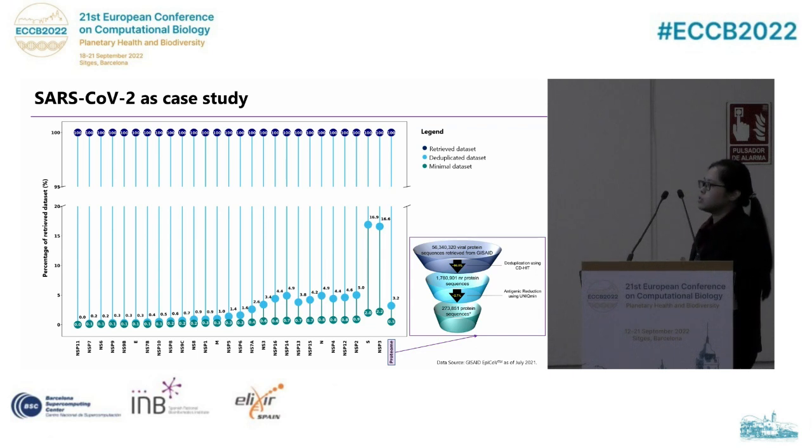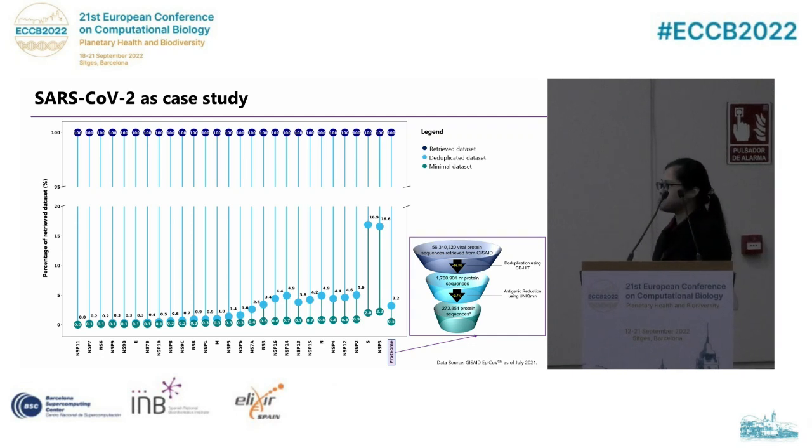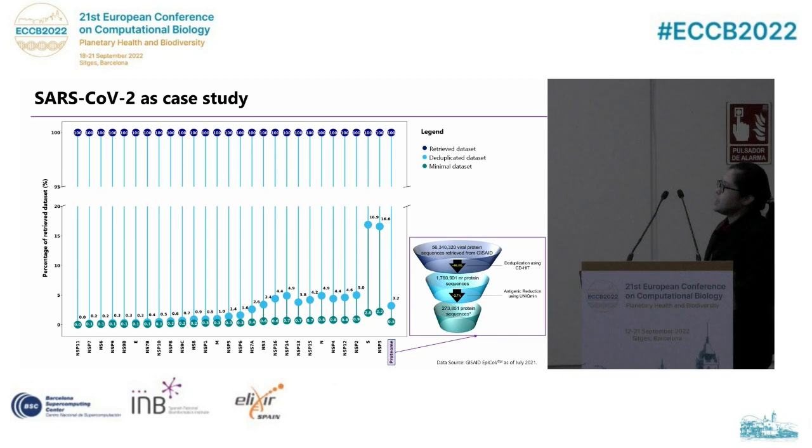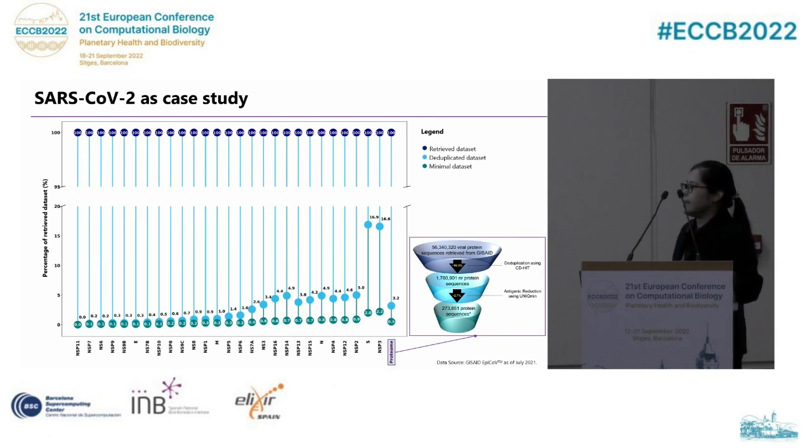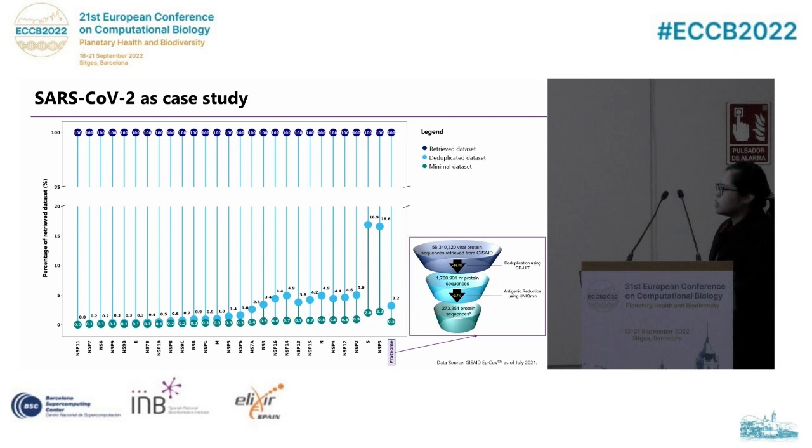We applied this to the whole proteome and separately to each protein. About 56 million protein sequences were retrieved from GISAID and deduplicated, resulting in about 1 million non-redundant sequences. After that, we further compressed using UniqueMer, resulting in 273,851 protein sequences in the minimal set. This is actually just about 0.5% of the retrieved data set.